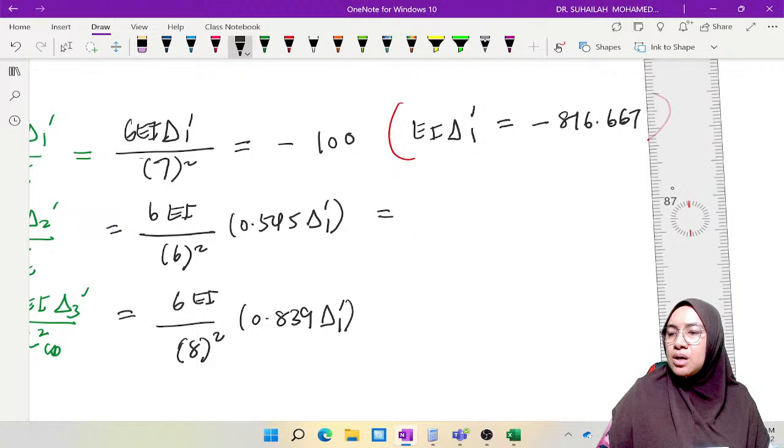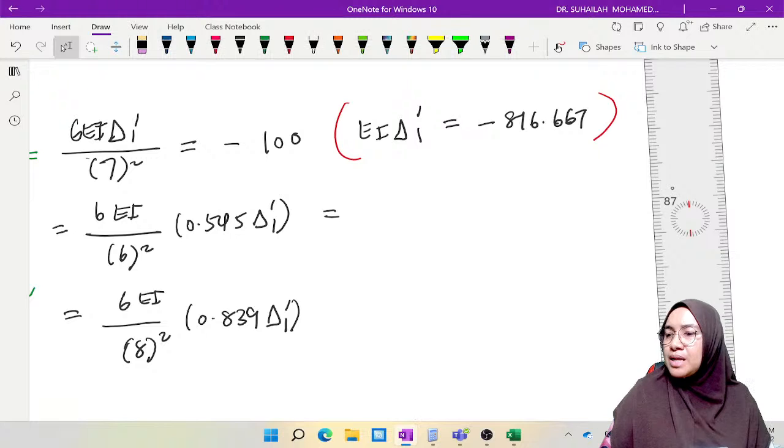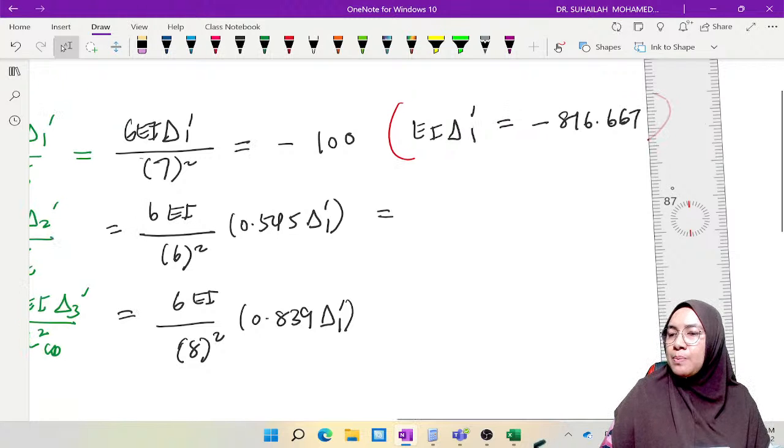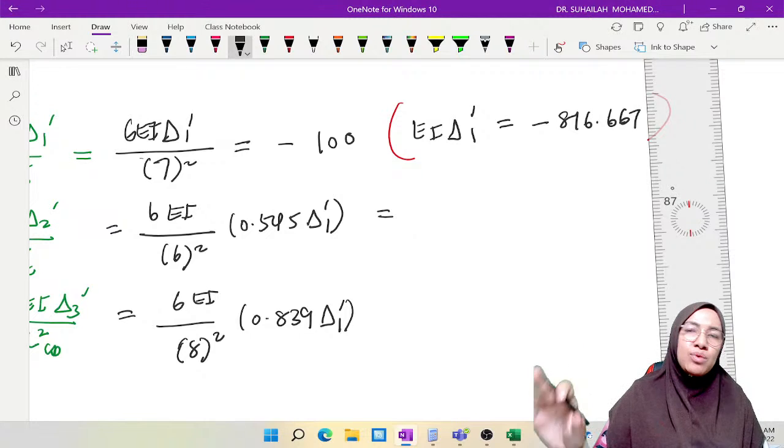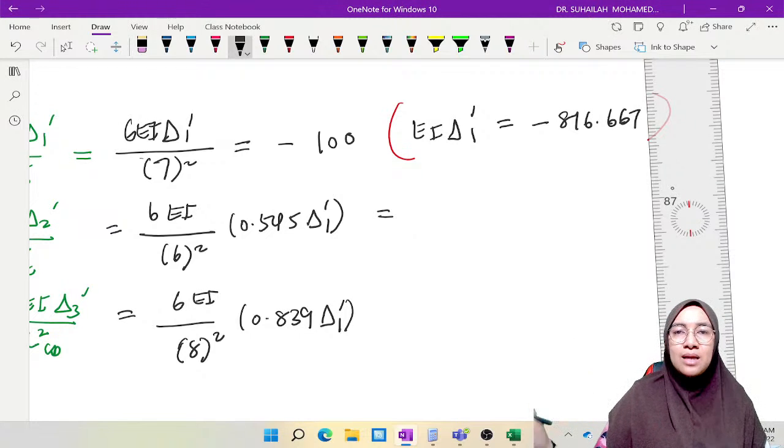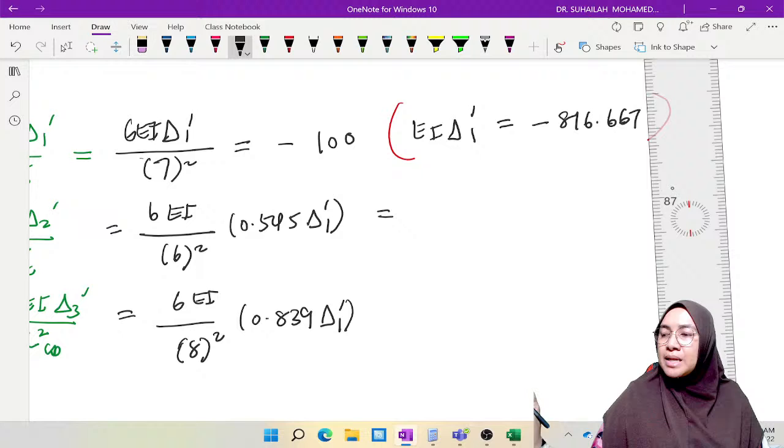The changes are due to length and delta only. So this is how we apply 6 EI delta 1 prime over 7 square equal to negative 100, representing side sway to the right. So EI delta 1 prime is equal to negative 816.667.